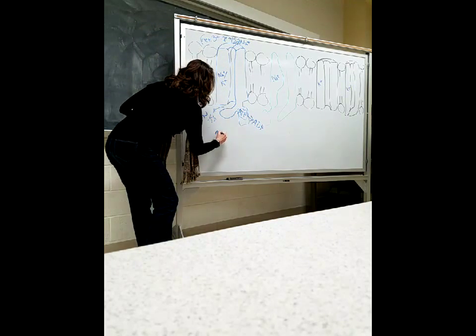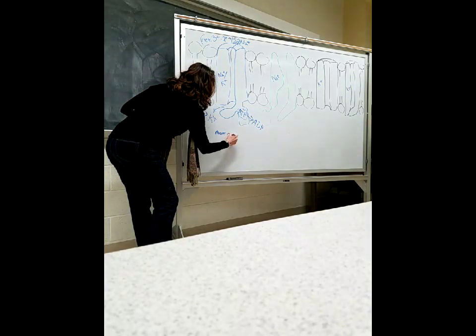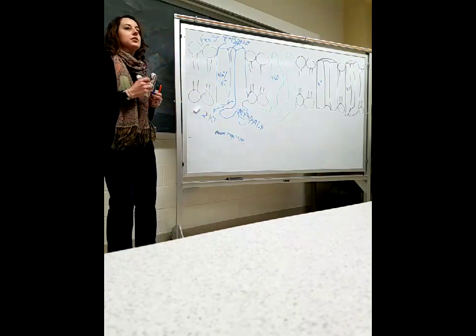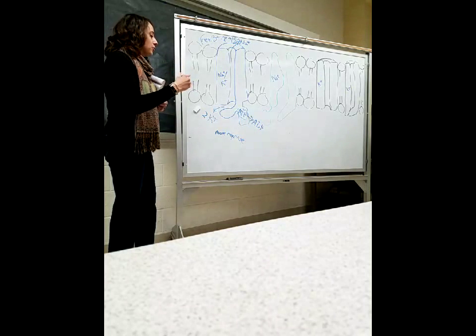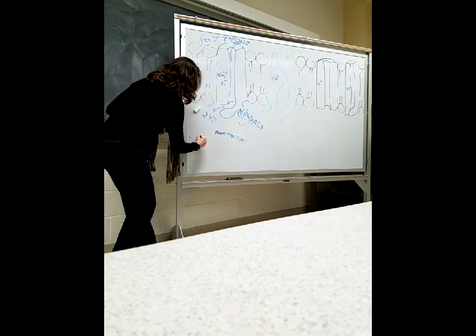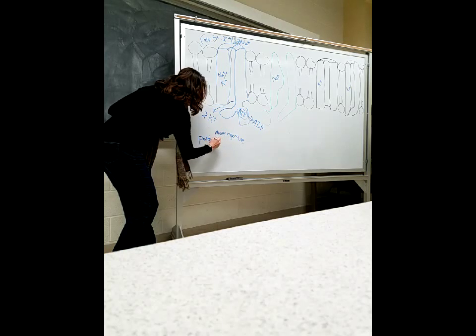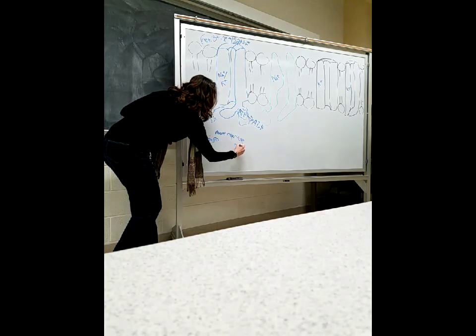So we have more negative inside the cell. And also, if you recall, in the slides we saw before and in your textbook, it depicted proteins with a negative charge near the membrane.